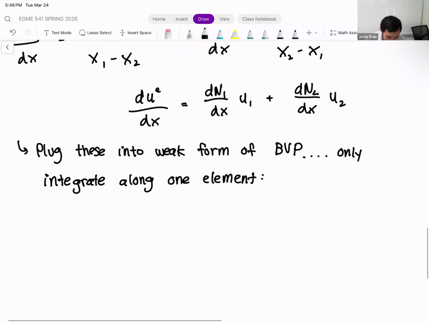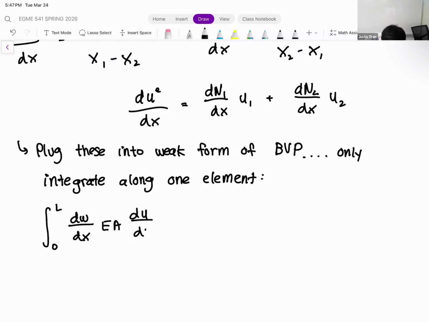Because if you go back to our weak form, this is just a pure weak form. So we have the integral from 0 to L of dw/dx times E times A du/dx is equal to the integral from 0 to L of w(x) v(x) dx plus our Neumann boundary condition term.